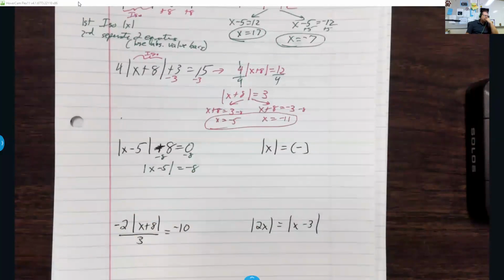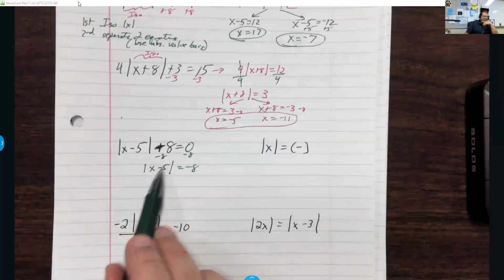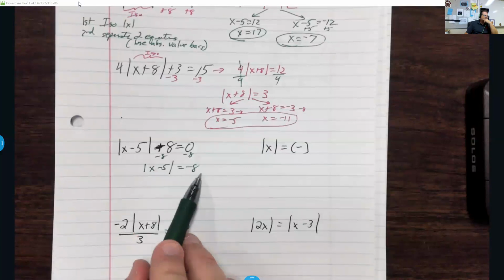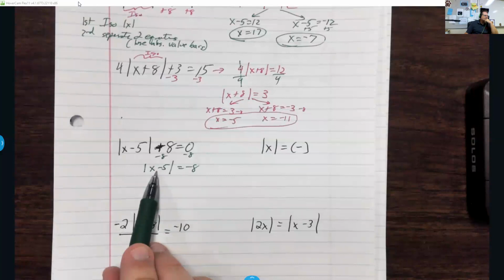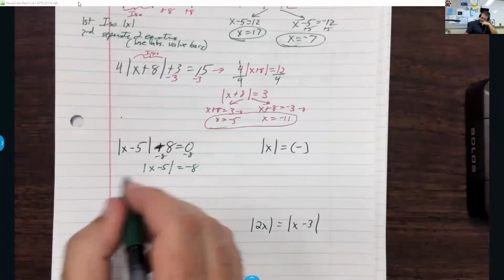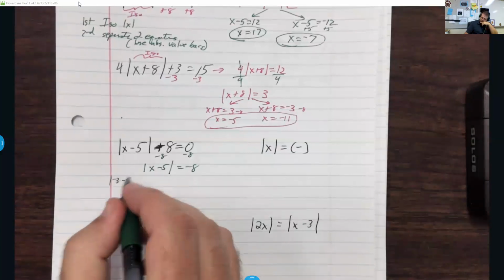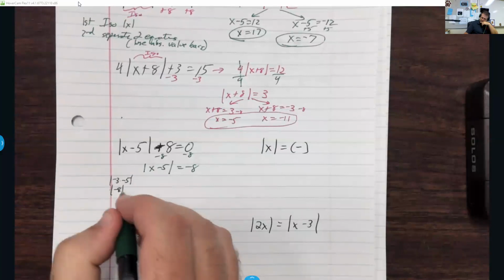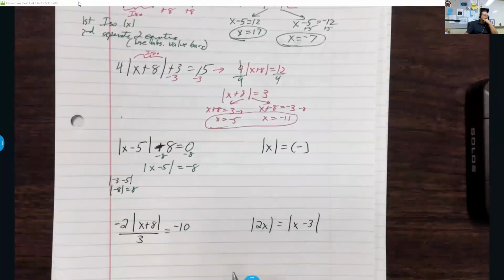Okay, now, if we think about it, what number can I put inside here? When I take the absolute value, I get a negative 8. Well, if I put a negative 3 there, so if I go negative 3 minus 5, that'd be negative 8, but the absolute value of negative 8 is 8, right? So that doesn't work.